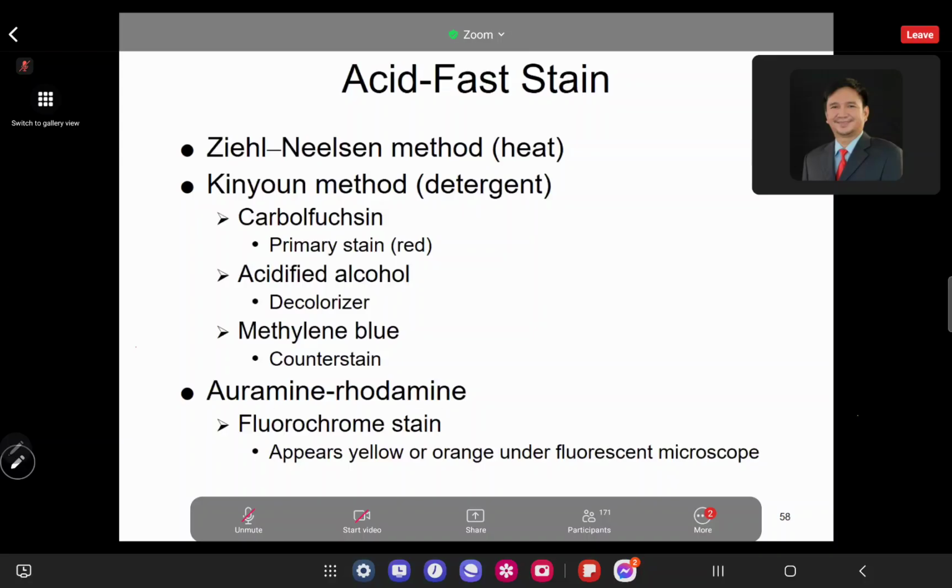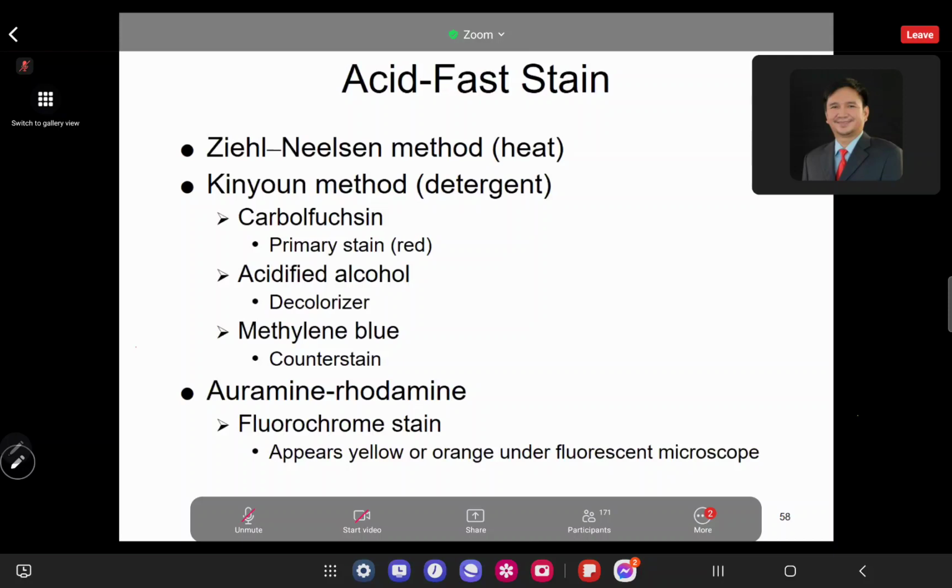Now, the only difference here is for Ziehl-Neelsen, you have to heat the smear. For the Kinyoun, you need to apply a detergent. On the other hand, in your auramine rhodamine staining technique, a fluorochrome stain will enhance fluorescence.